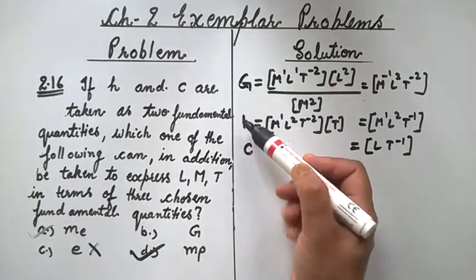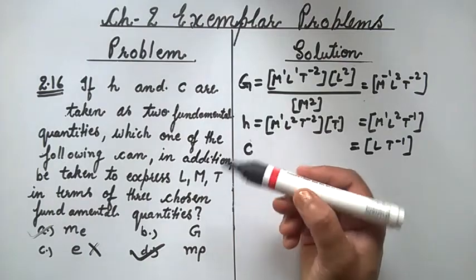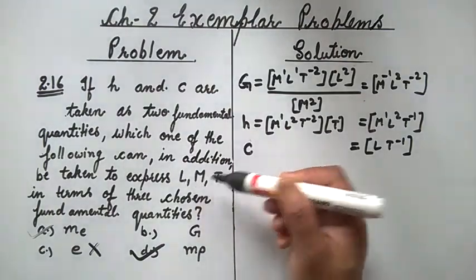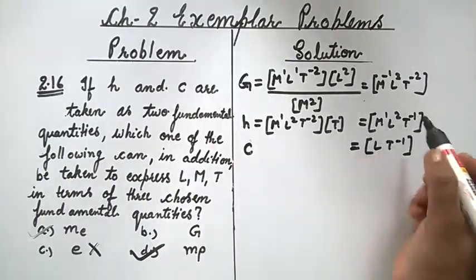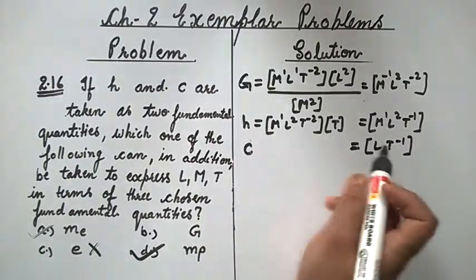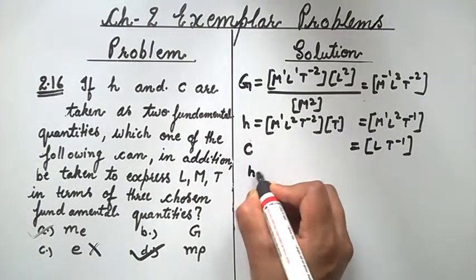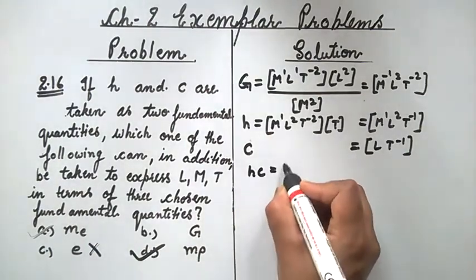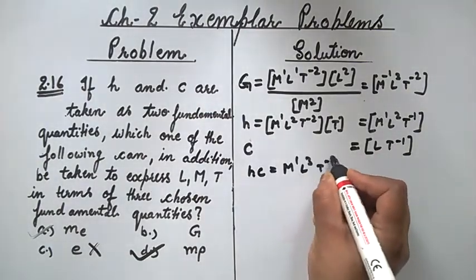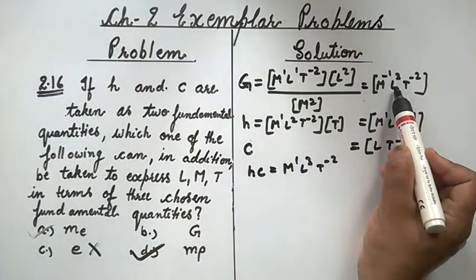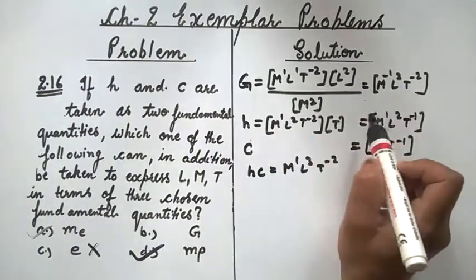Now we have to arrange these given fundamental quantities in such a manner that we can express them in terms of length, mass, or time. Here we can see that if we multiply h with c, we get m1 L3 T minus 2, and L3 T minus 2 is there in the dimension of gravitational constant.